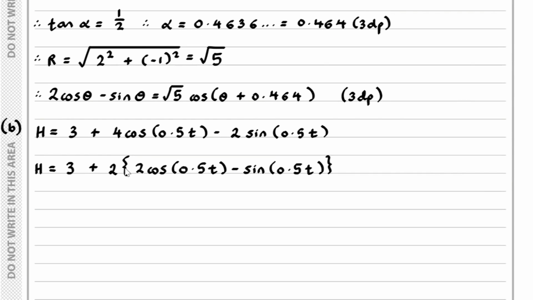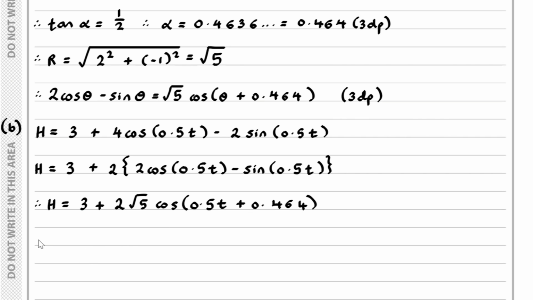What you can hopefully see from here, comparing this result with what we have in part A, we can therefore conclude h is equal to 3 plus 2 root 5 of cos of, well here instead of a theta we've got 0.5t, plus 0.464. So this is what h is equal to.